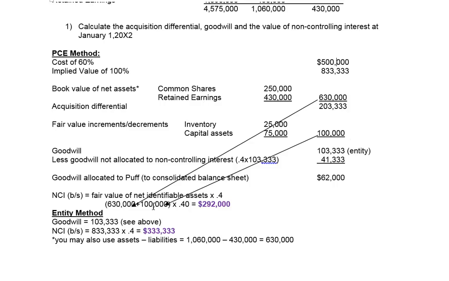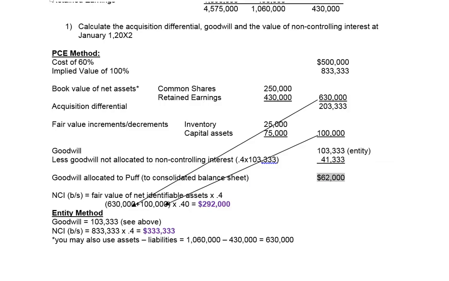So those theorists would say that NCI in the balance sheet is not going to be equal to 40% of this. They would take 40% of the book value plus the fair value increments and decrements. So they take the fair value plus the increments and decrements, and multiply that by 40% to get $292,000. So this is a critical difference.